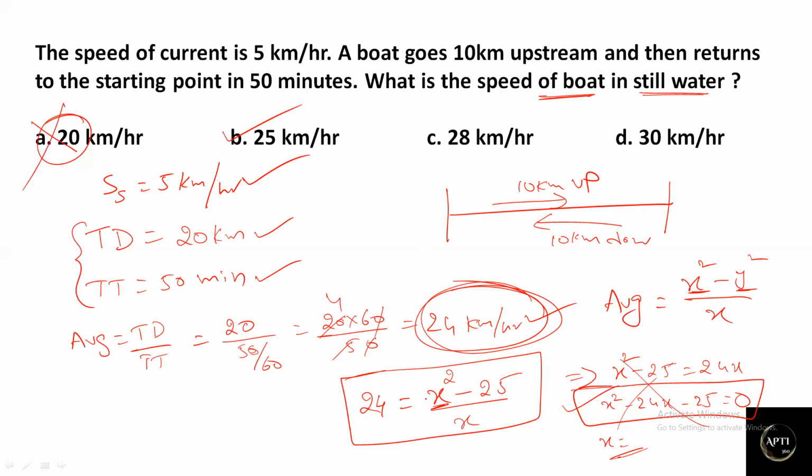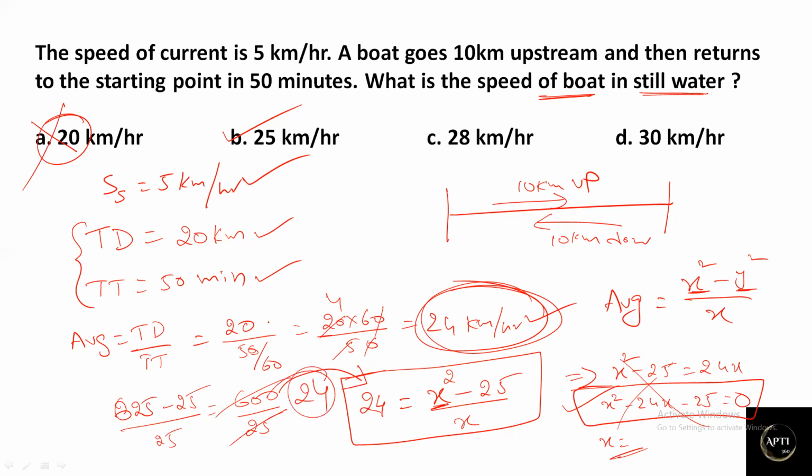Let's try to substitute the x value as 25. 25 square means 625, minus 25, divided by 25. What is 625 minus 25? 600 divided by 25. What is 600 divided by 25? Check whether we are getting 24 or not. 25 2 times is 50, and 25 4 times is 100.